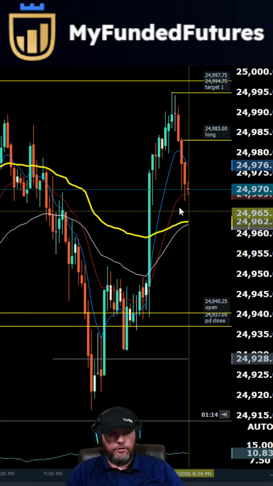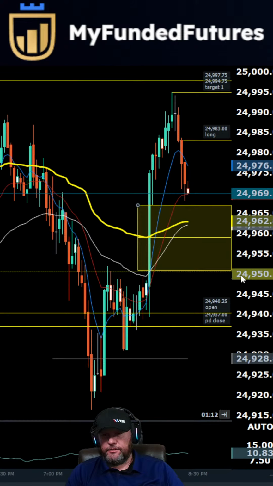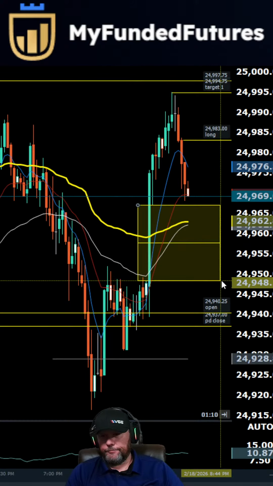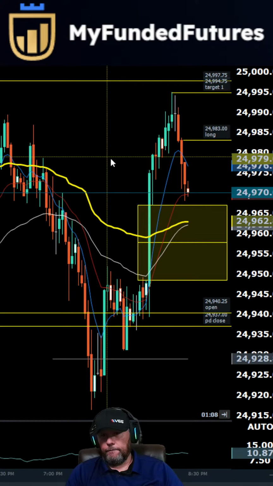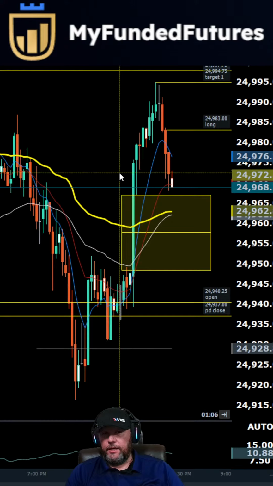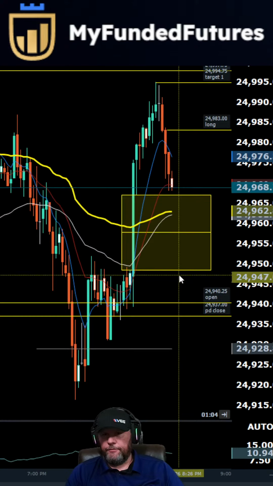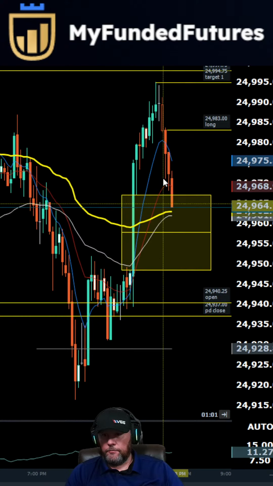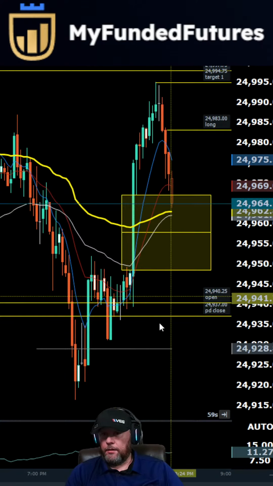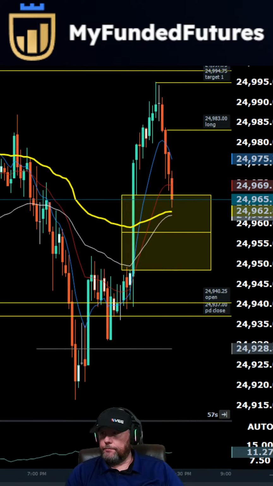And you could kind of use this as bias, if you wanted to. So if we get through this with momentum, then I think we go back down to the lows. Also, on the 5-minute chart here, the trend line would be down at 950 potential.